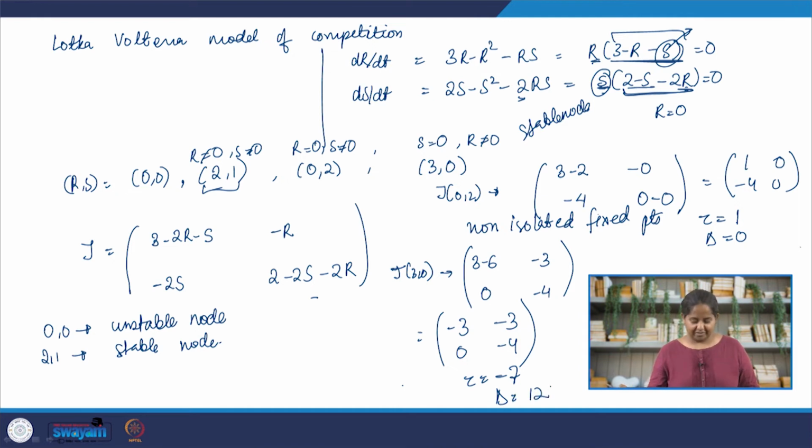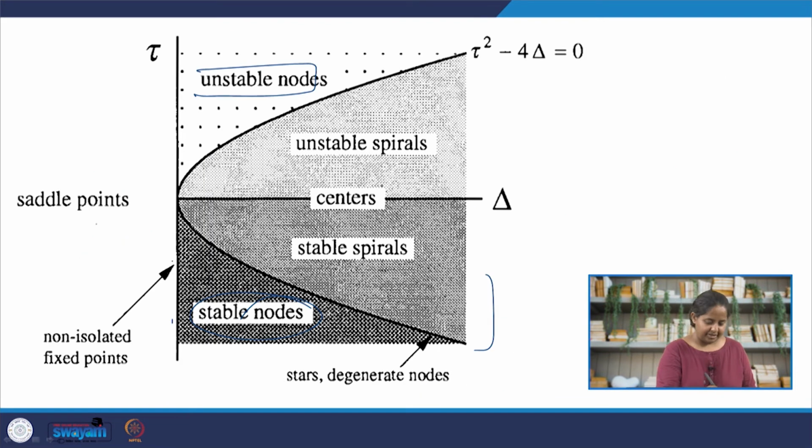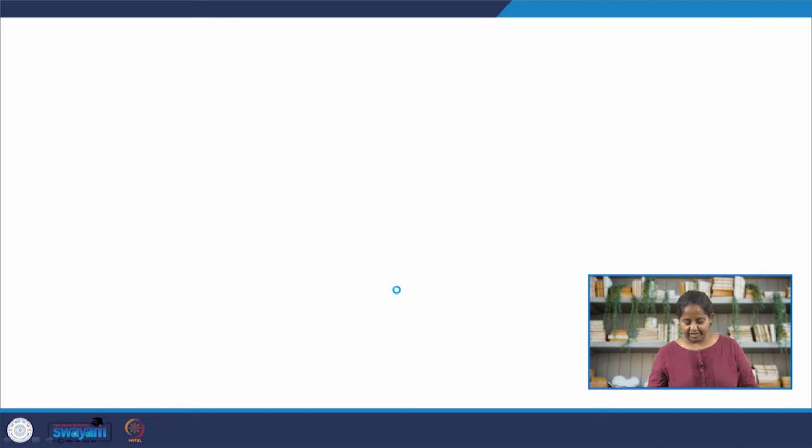Delta is positive. Let's look at tau square minus 4 delta. 49 minus 48, it's above the curve. Great. So tau is -7, delta is 12. Tau is negative, so we are on this side, and delta is positive, we are in the case of a stable node. How fascinating.